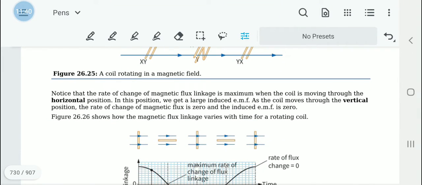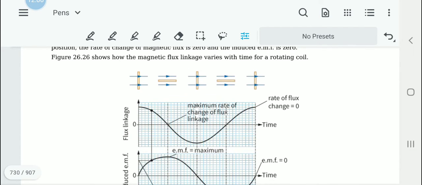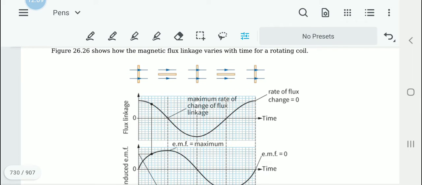When in horizontal position, the magnetic flux linkage is at the highest. And in the vertical position, the EMF is 0. I would suggest that you draw this diagram along with these positions as well. Then you would be able to understand it better.